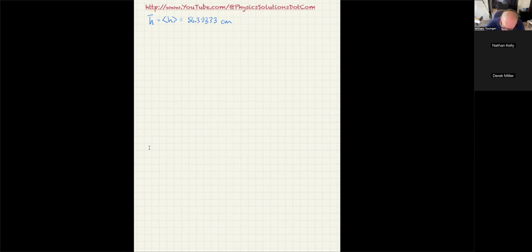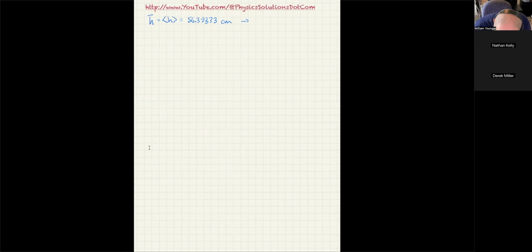I took each deviation and squared it, and then added all those squared deviations up. That gives me the numerator under the square root in both the standard deviation formula and the standard error formula. Then I divide that sum by n minus 1 and take the square root, which gives me the standard deviation.